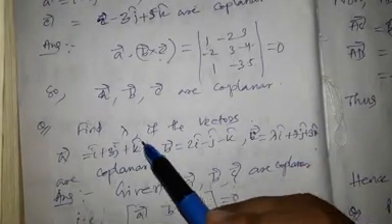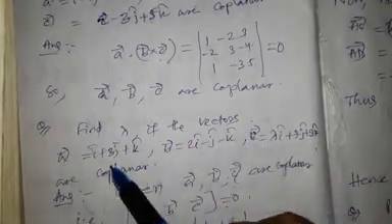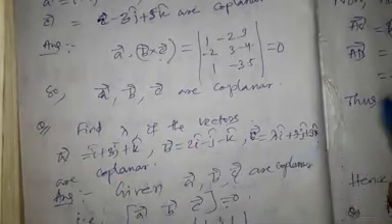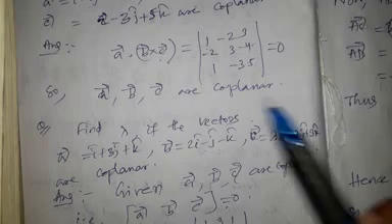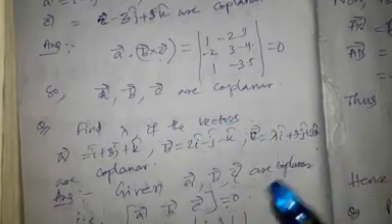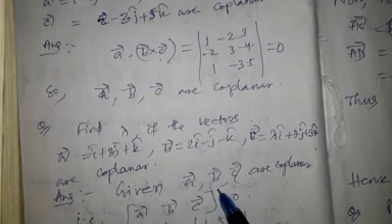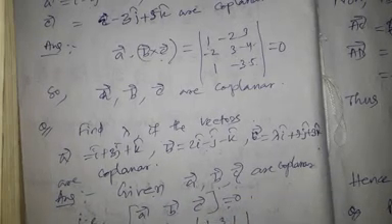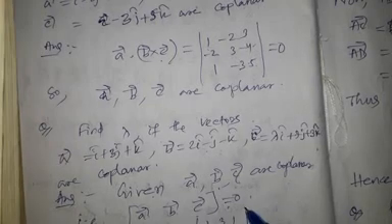Find lambda if the vectors A, B and C are given, and these three vectors are coplanar. First of all, given A, B, C vectors are coplanar, that means the scalar triple product is equal to 0.